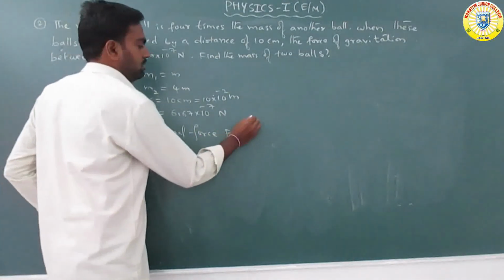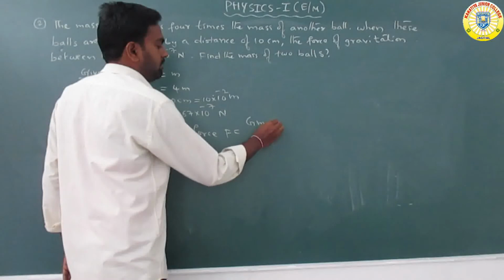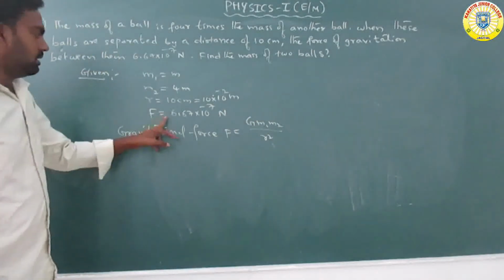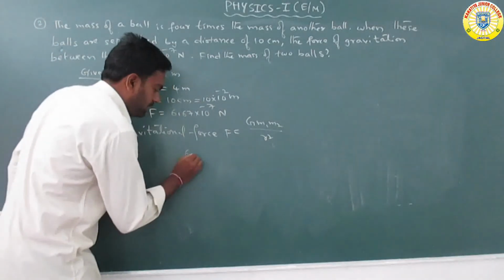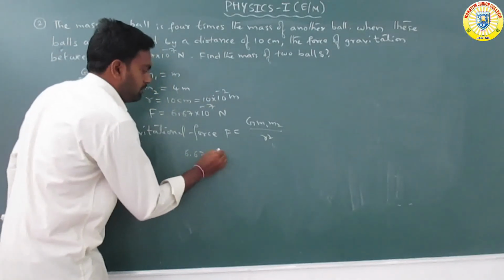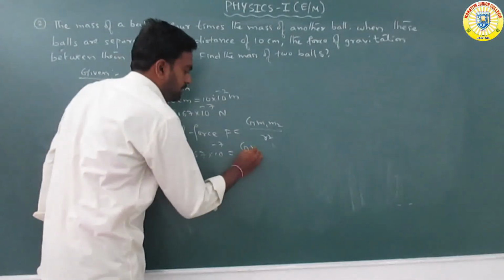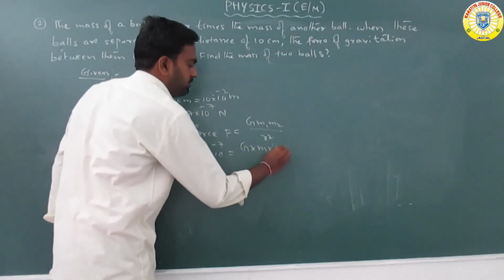F is equal to G m1 m2 by r square. F is already given, 6.67 into 10 to the power of minus 7. So G into m1 into m2, where m2 is 4m.